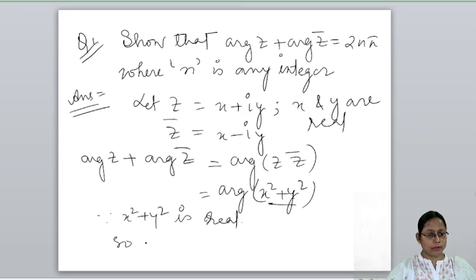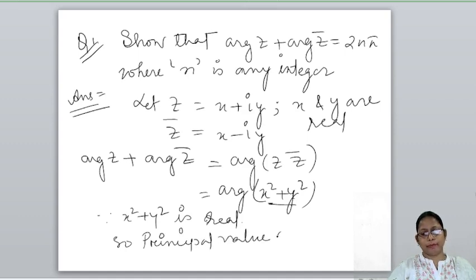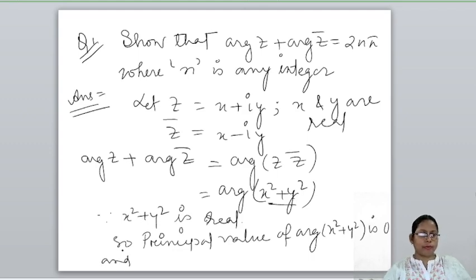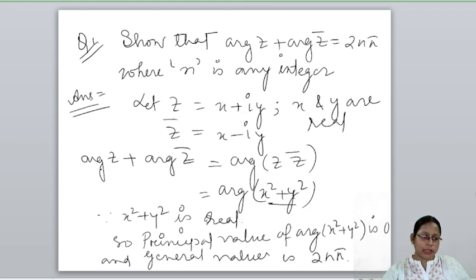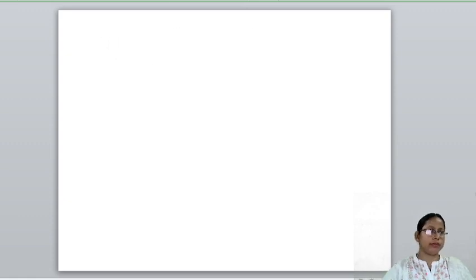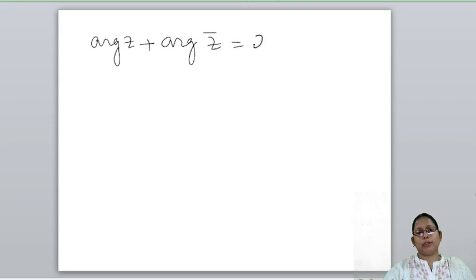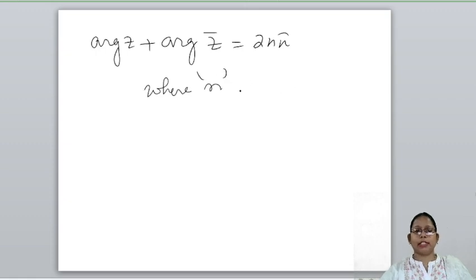So the principal value of arg of x square plus y square is 0, and the general value is 2n pi. Therefore, arg z plus arg z bar is equal to 2n pi, where n is any integer.